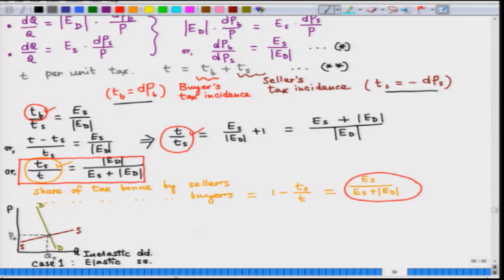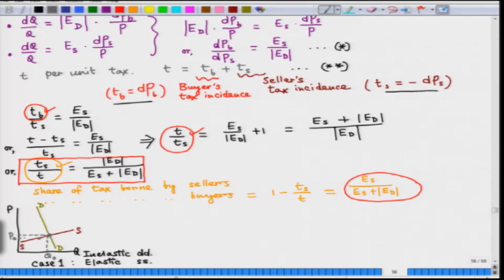Now, what I am saying is the following: let us shift the demand function due to the imposition of the unit tax, and if that is the case, suppose we observe another point on the supply function where the new demand function makes a tangency with the original supply function. The slope of the demand function remains the same, it is basically a parallel downward shift, right.